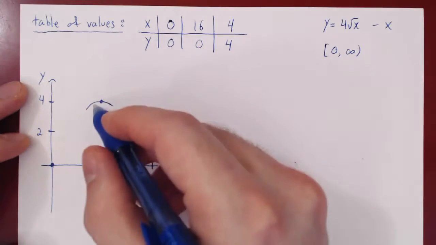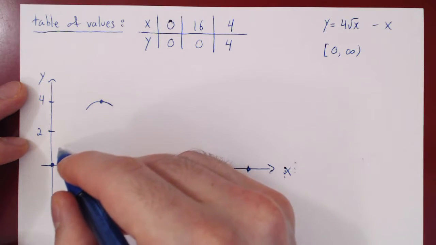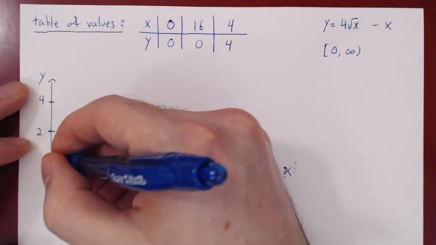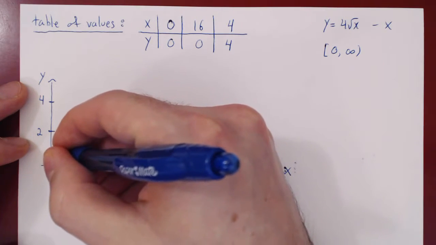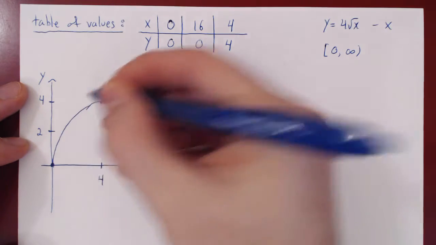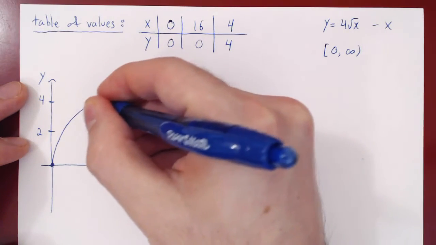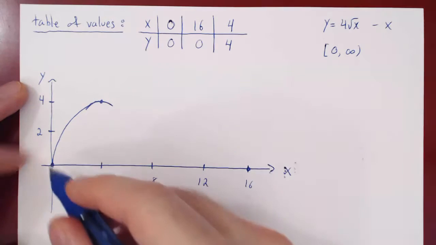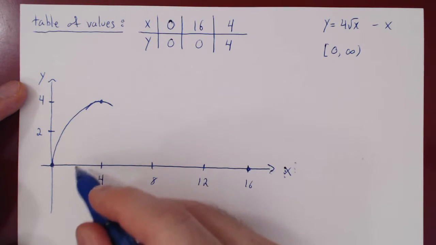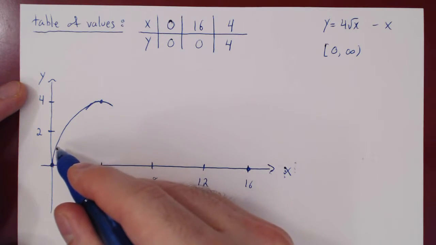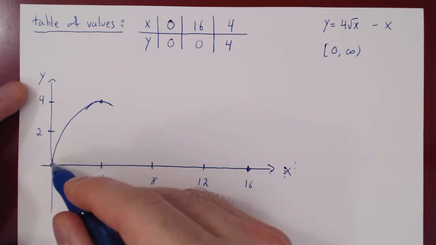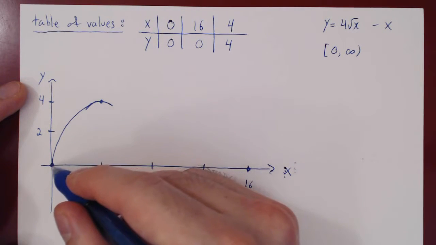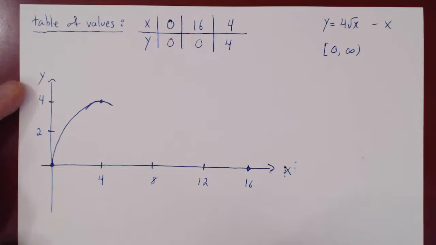So we will connect this point with the value at 0, 0, but we know that at 0, the curve will essentially be nearly vertical. So the graph will look something like this. The closer we get to 0 from the right, the closer the curve is to being perfectly vertical. In the limit at 0, the curve becomes vertical.